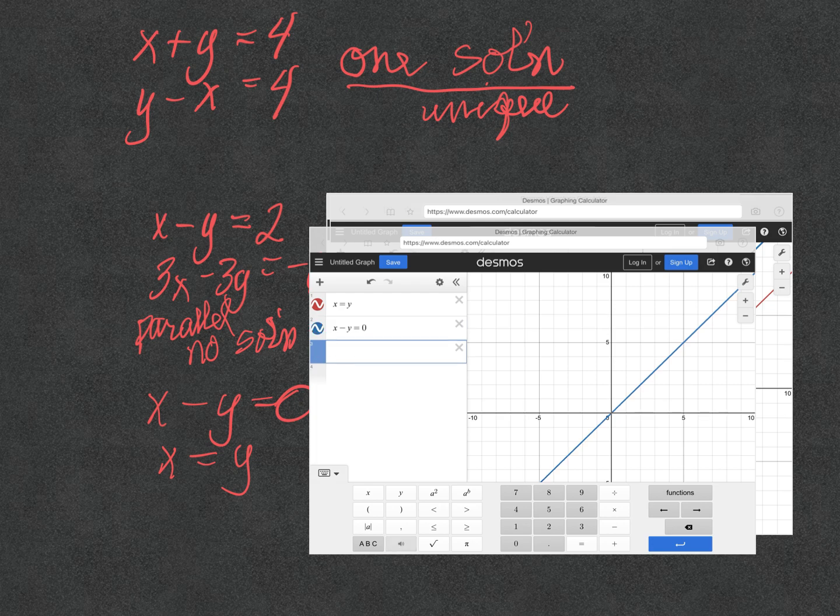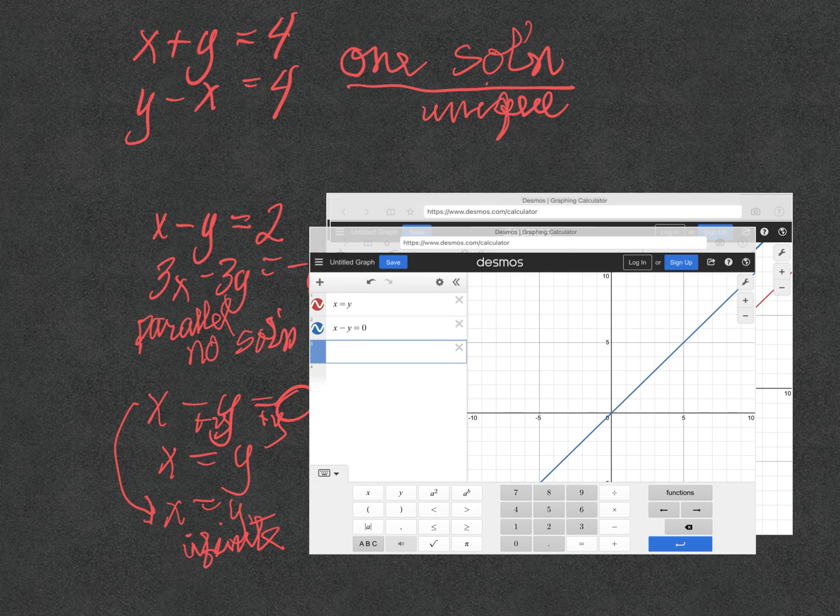In fact, these are the same line. If I look at x minus y equals 0 and I add y to both sides, I get x equals y. So these are actually the same line. When you have the same line, that is called infinite solutions. Every (x, y) on the line will work, okay?